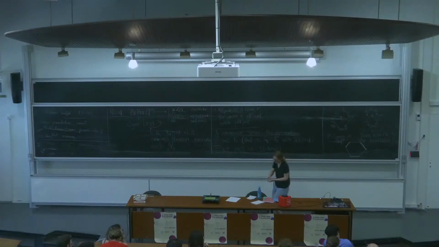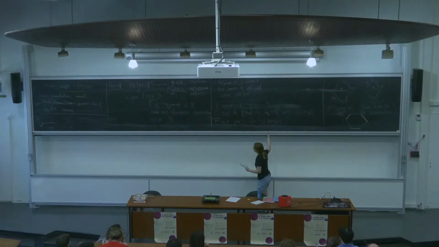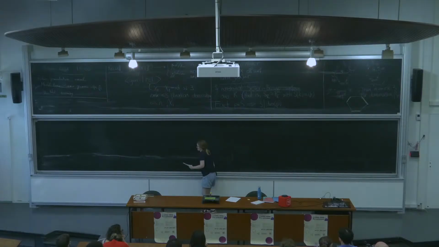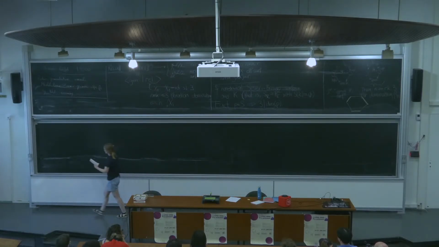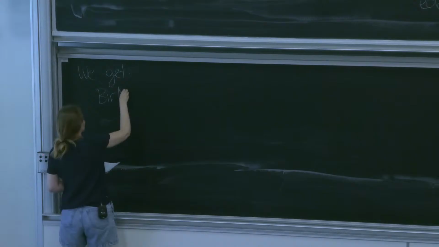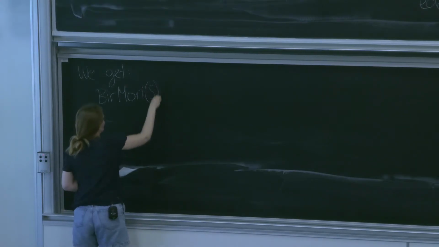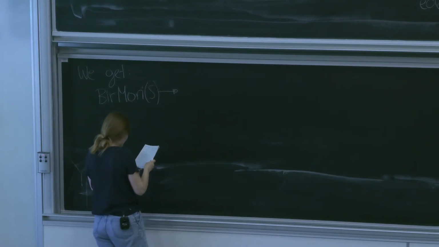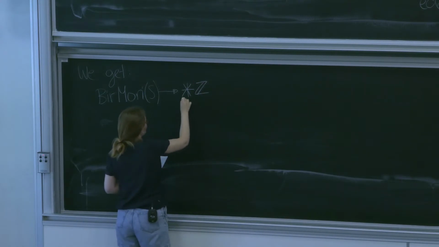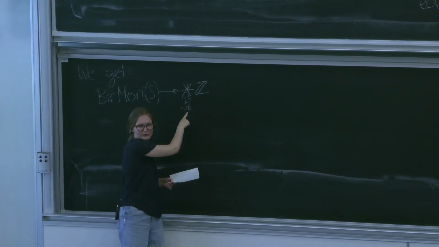Okay, but sorry, I don't want to say much. So let me just write down the groupoid homomorphism that we get. So we get Bir of M S going to, so we have a free product of Z coming from the links where we blow up points of degree 6, right?